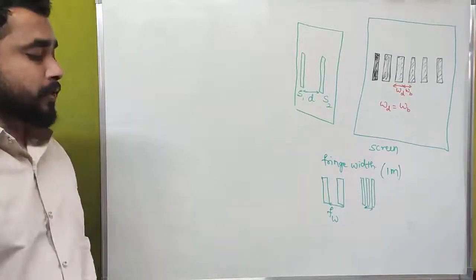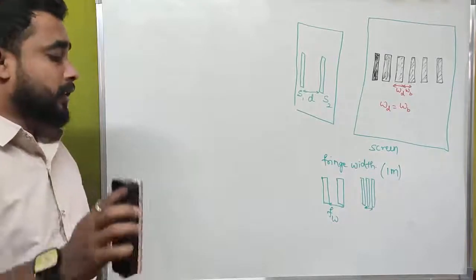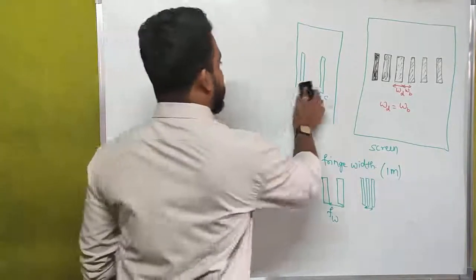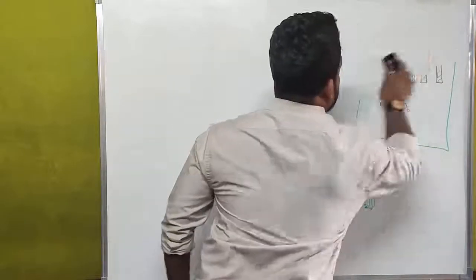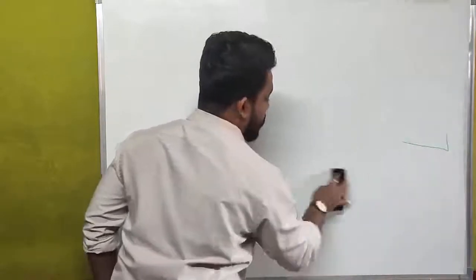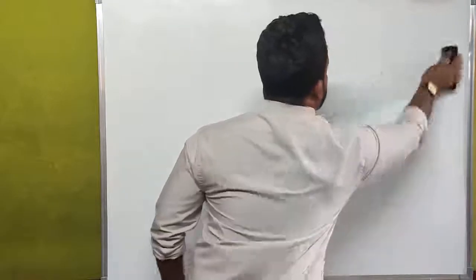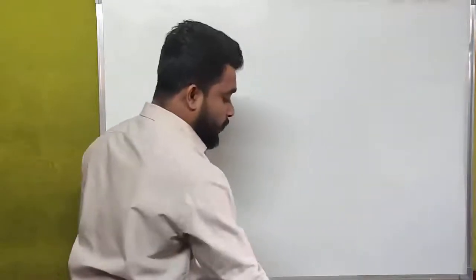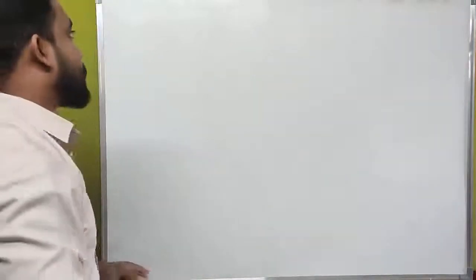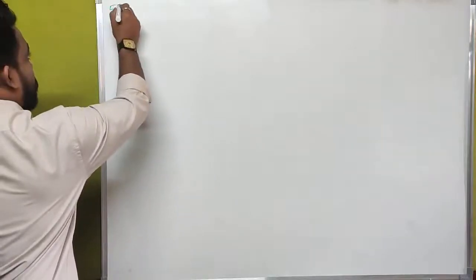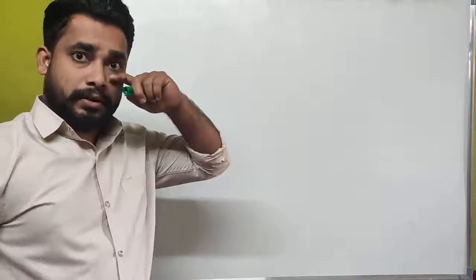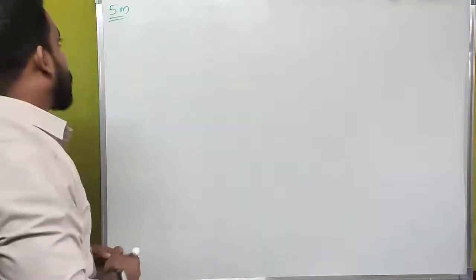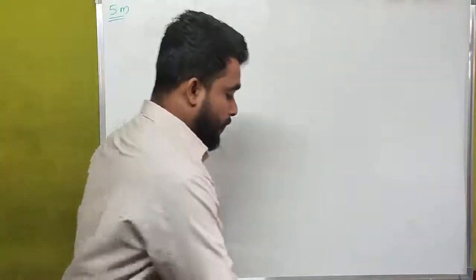Obtain an expression for interference fringe width in Young's double slit experiment. This is what we are going to derive now. This is also very important from your examination point of view, for 5 marks.